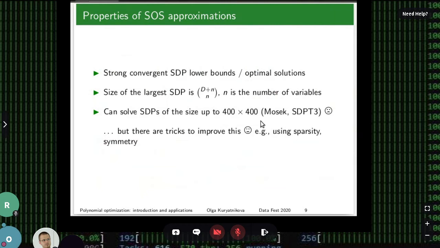Most of the time, we either use the fact that the problem is sparse, and then the semi-definite constraint becomes easier, or we use some symmetry or other structural properties of the problem. The two problems which I would like to present next can exhibit especially some sparsity. I'm not sure about symmetry. That's what we're going to look at next.